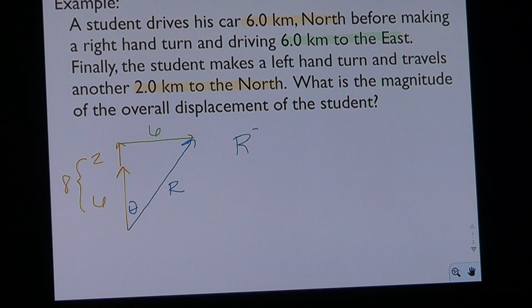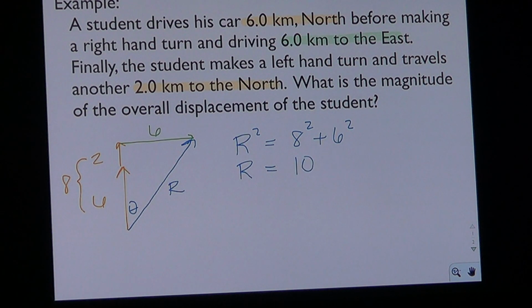So R squared would equal 8 squared plus 6 squared. So R will equal 10. Good, thank you.